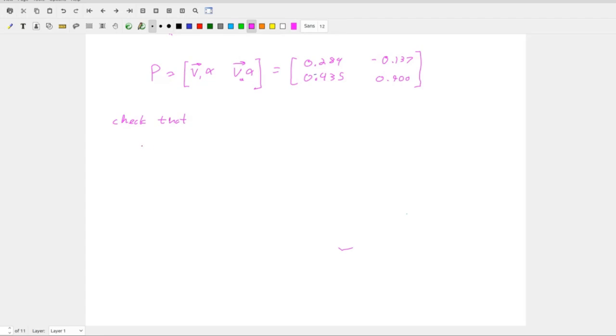So check that P transpose MP is equal to I. And I have that as 1, negative 2.7e-16, negative 2.7e-16, 1. Are those zeros close enough to 0? That's what Python gave me.